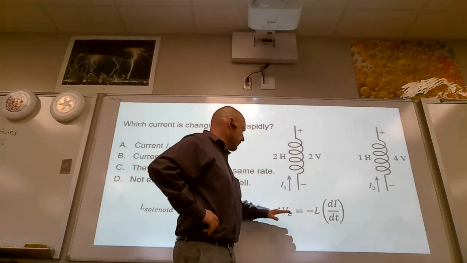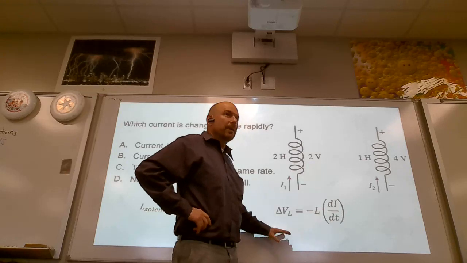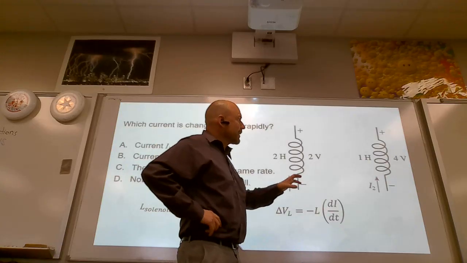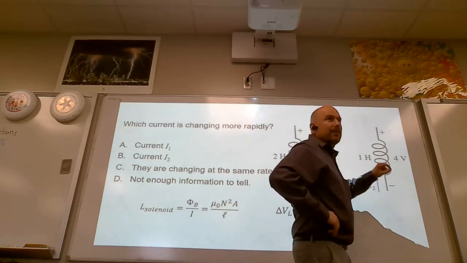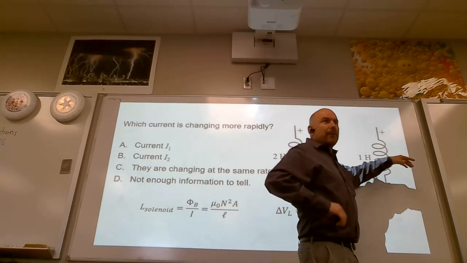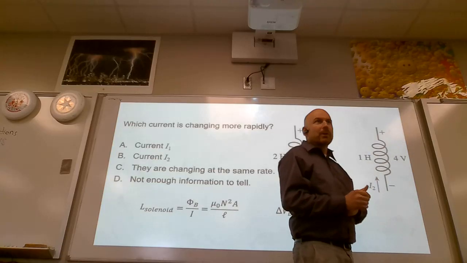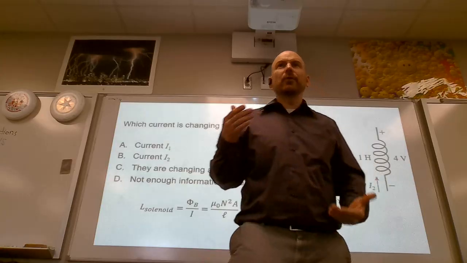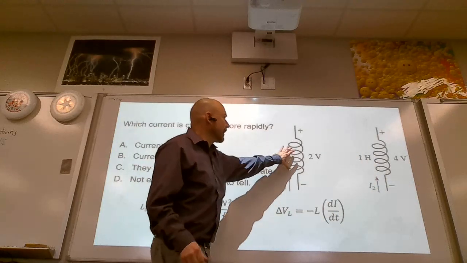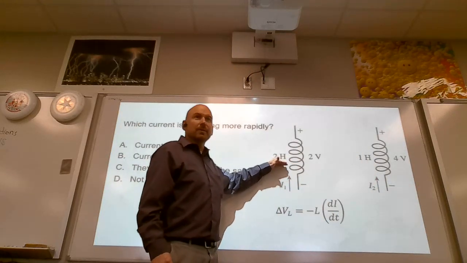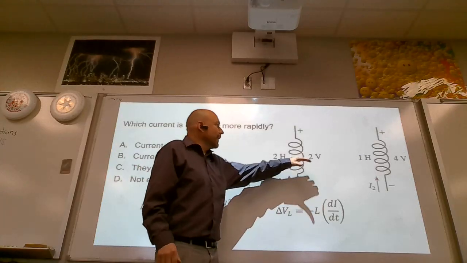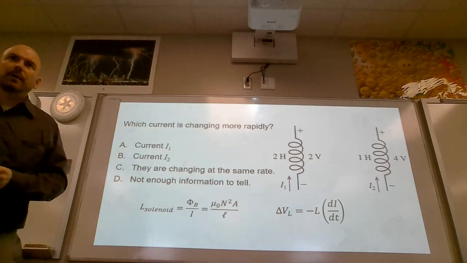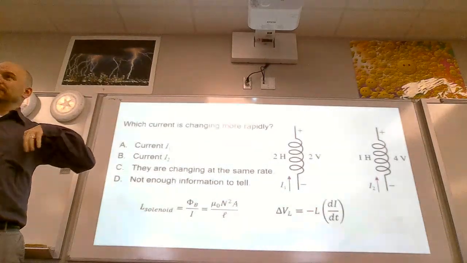Just take this ratio of voltage over inductance. This has less inertia, yet there's a greater voltage drop across that, which requires a whole lot more change in current to produce that voltage drop than this one that has more inertia, yet has less voltage drop across it. Yes, no.